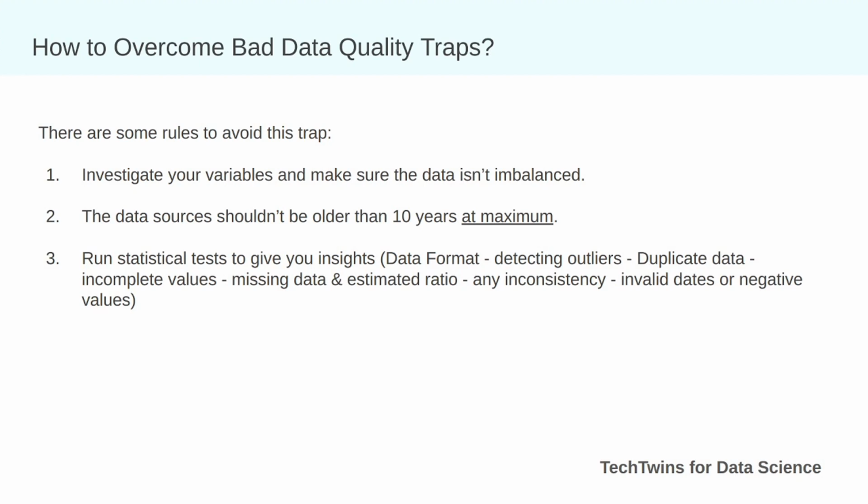I will talk about imbalanced data and structured and unstructured data in the next video. Second, the data sources shouldn't be older than 10 years at maximum. This might be challenging, but still it will be based on the industry itself.